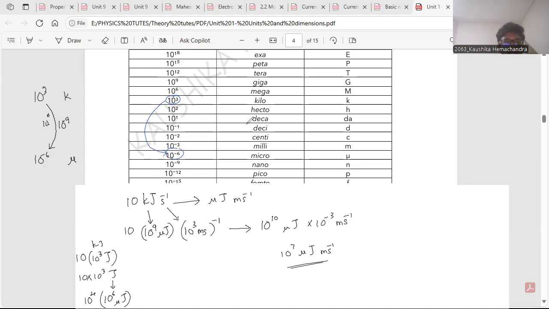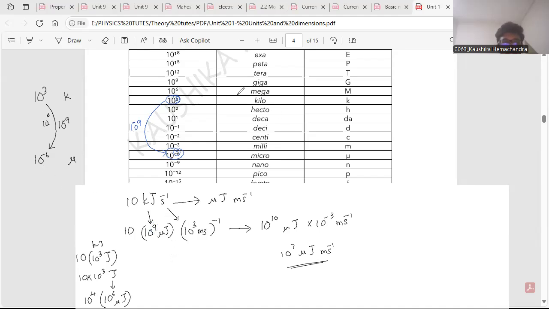From here to here, you have 10 to the power 9, no? From kilo to micro, from 3, there is positive 3 minus 9, minus 6. So there are 9 decimal places there. So when you are converting kilo to micro, it is 10 to the power plus 9 directly.